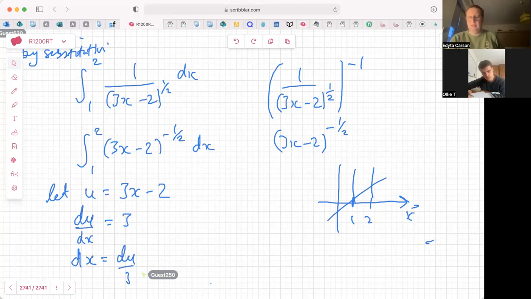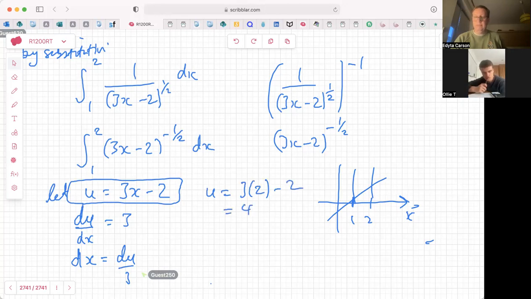The way we do that is we use the equation here. For 2, u will be 3 times 2, minus 2, which is 4. And for 1, 3 times 1, minus 2, which is 1. So it stays the same, funnily enough.